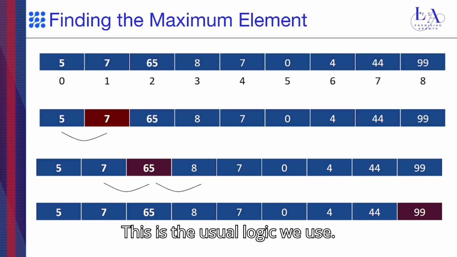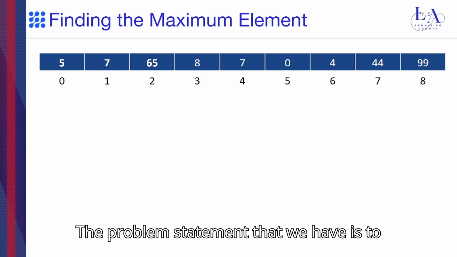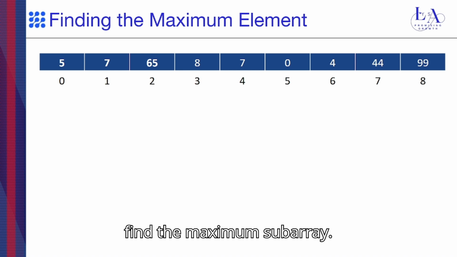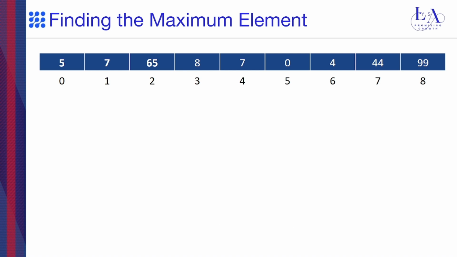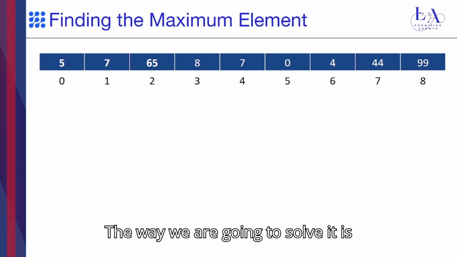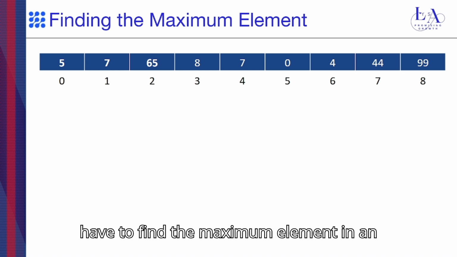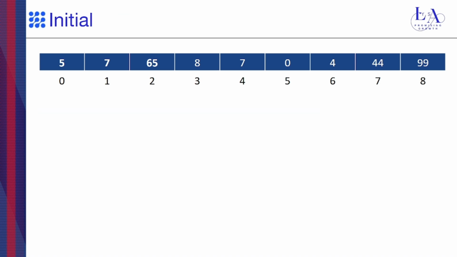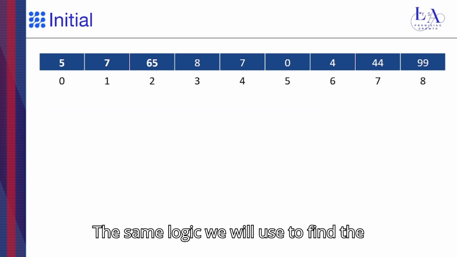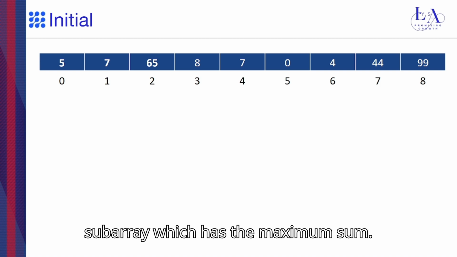This is the usual logic we use. The problem statement that we have is to find the maximum subarray. The way we are going to solve it is similar to solving a problem in which we have to find the maximum element in an array. The same logic we will use to find the subarray which has the maximum sum.